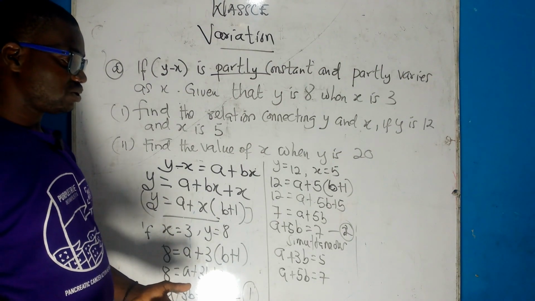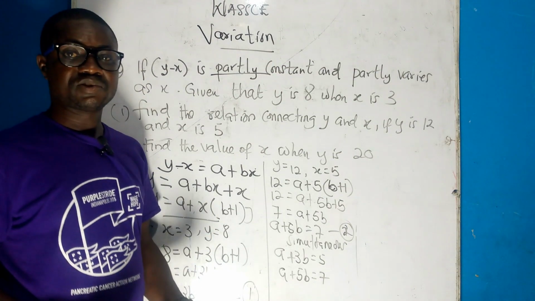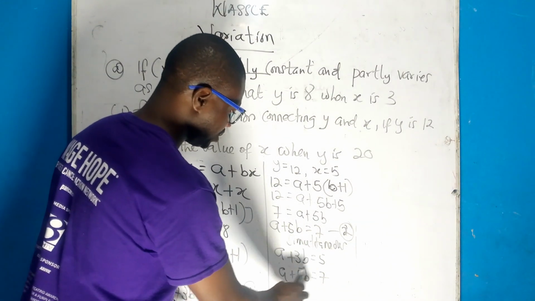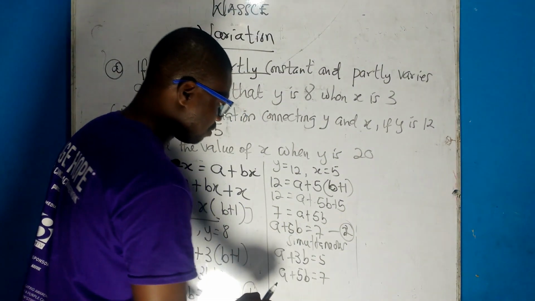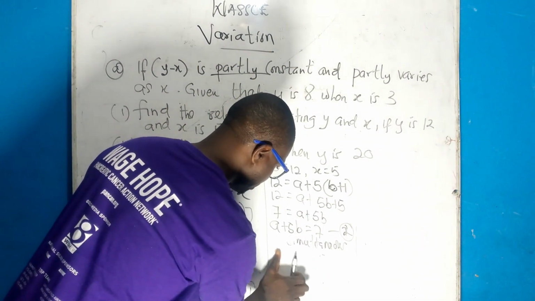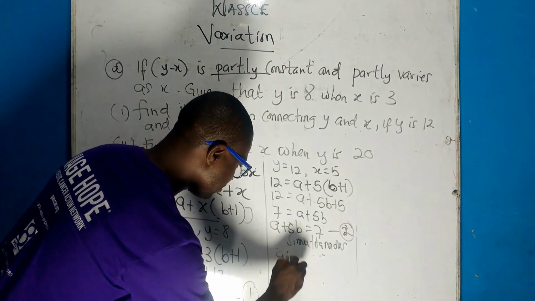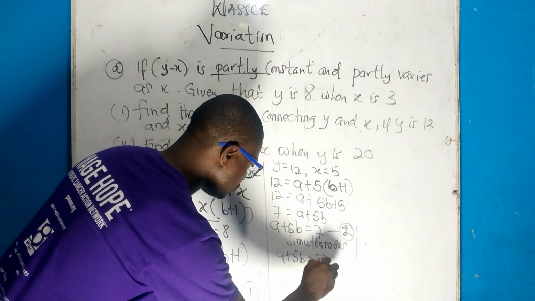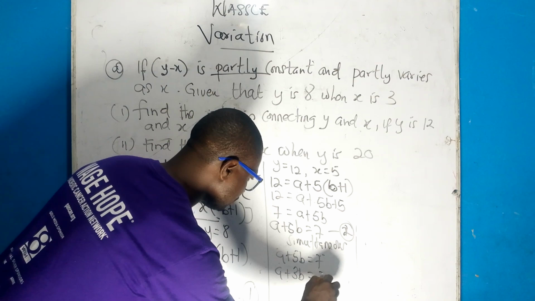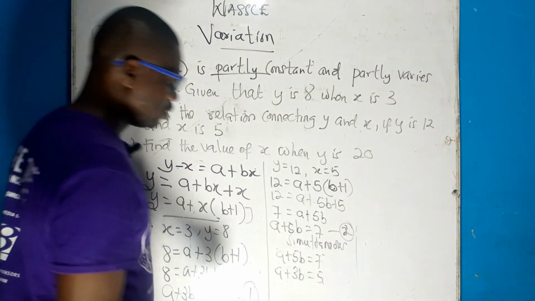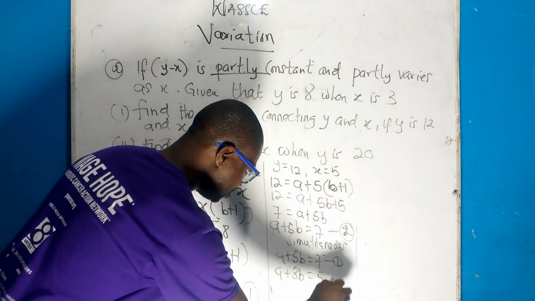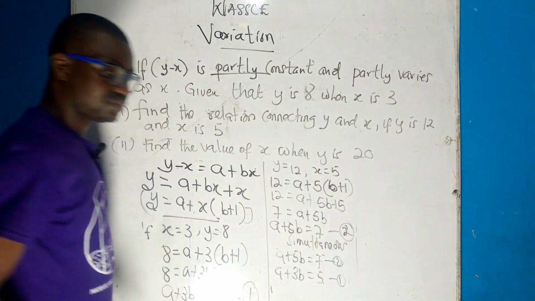You can easily do it, or, in order to make it very simple, let's write a plus 5b is equal to 7 and a plus 3b is equal to 5. So this is the second equation, and then this is the first equation.